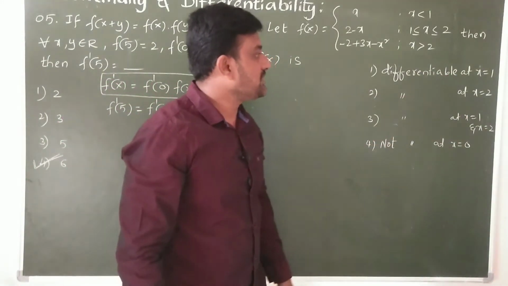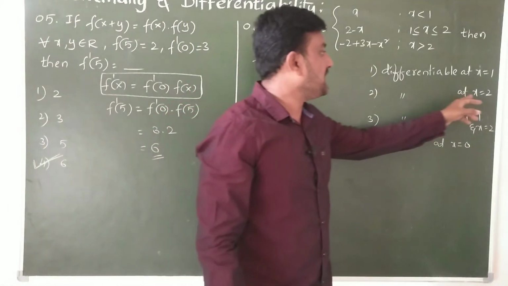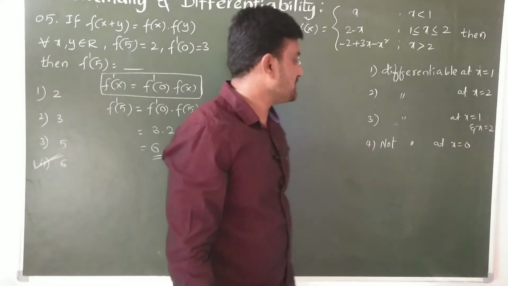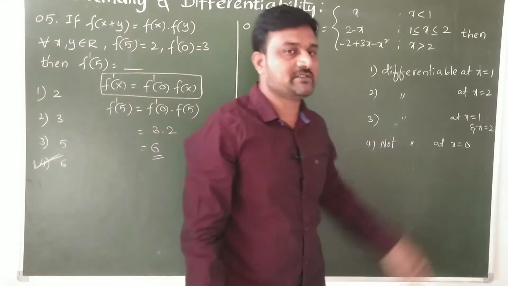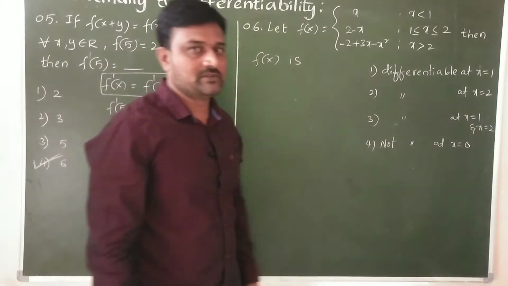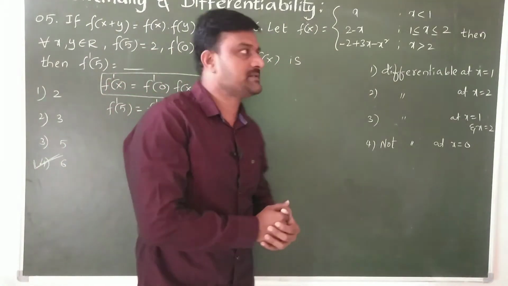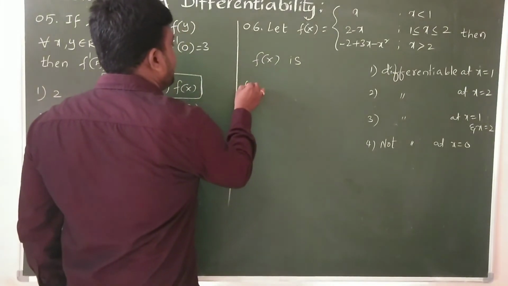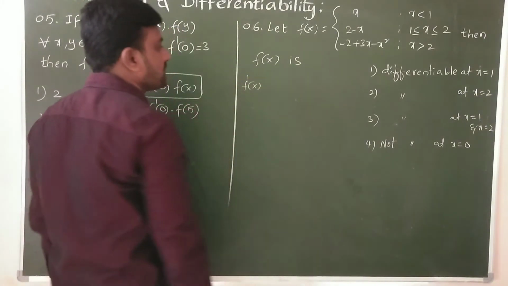Differentiable at x equals 1, differentiable at x equals 2, differentiable at x equals 1 and x equals 2, not differentiable at x equals 0. Okay, it is not f dash of x. f of x is differentiable. So we need f dash of x. So we can find the f dash of x.